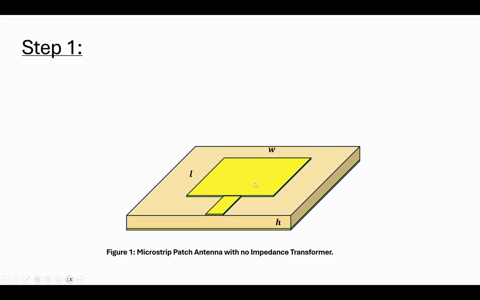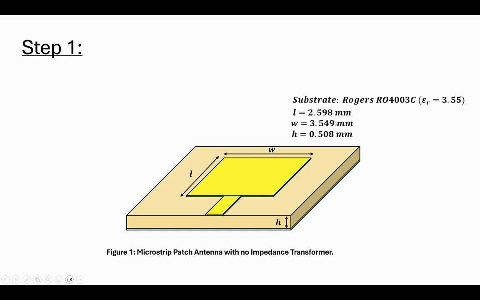In order for it to resonate at 27 gigahertz, these are the parameters that we extract for the length, the width, and the height of the antenna. The material that we're using is Rogers 4003C, which has a permittivity of 3.55.